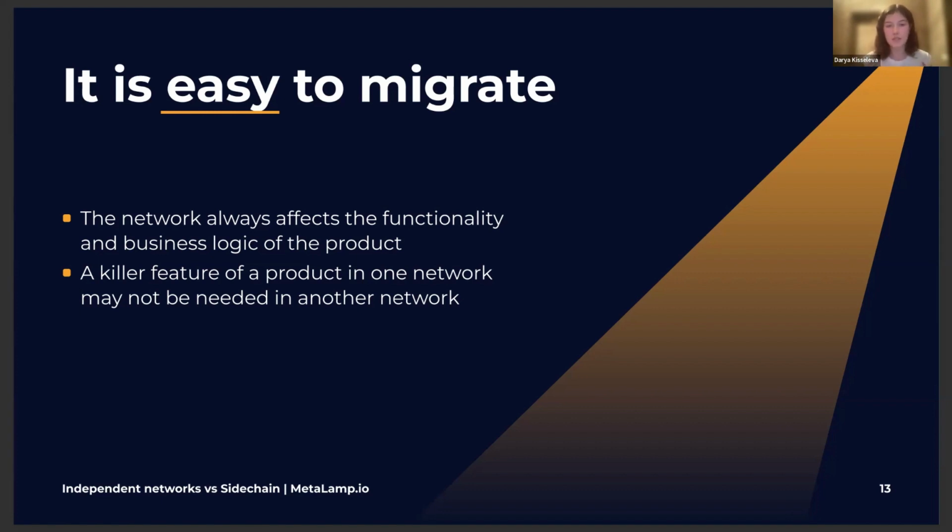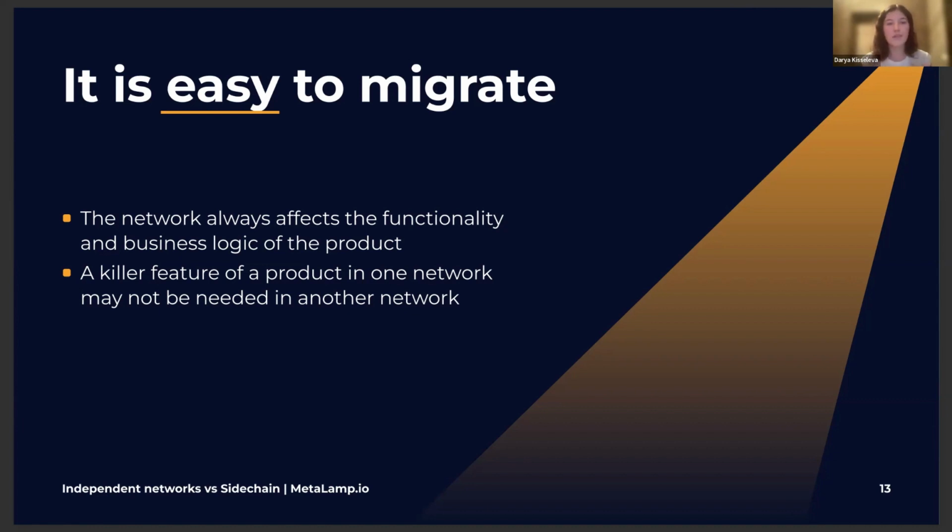Does it make sense to change the logic by increasing the minimum transaction amount? Definitely yes, since we want to avoid spam. As a result, we have to redesign the logic and functionality of the application, and killer features of our product in one network may become useless in another network.